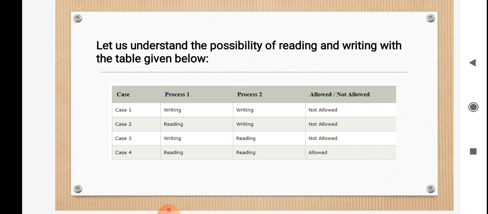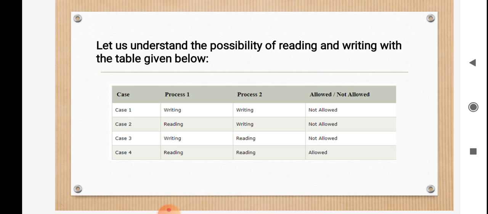Only when two or more processes read the file at the same time is it allowed. So writing-writing is not allowed, reading-writing is not allowed, writing-reading is not allowed, and only reading-reading is allowed. Only in this case is the permission going to be granted.